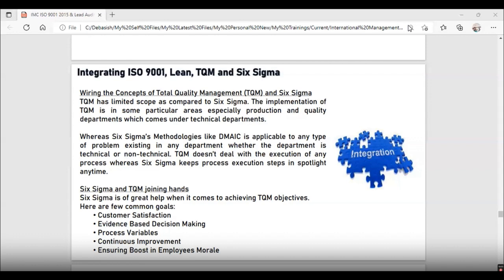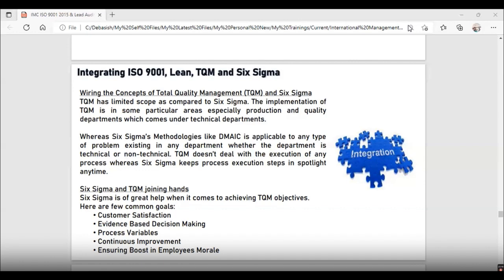While we keep on understanding, comparing and integrating ISO 9001 and total quality management, the principles of total quality management we are already discussing. We have already discussed two principles which are quite similar with the QMS, that is focus on customers and involvement of people.